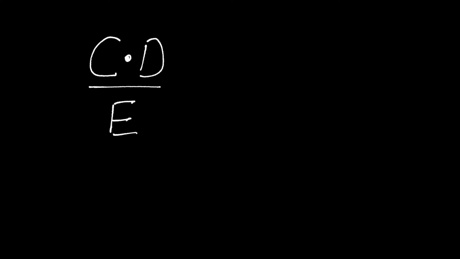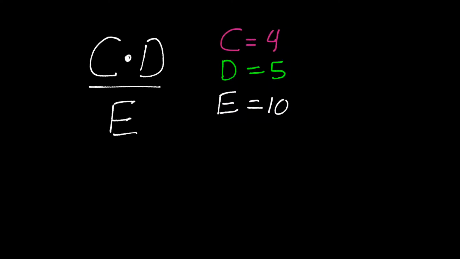Thankfully, I'm going to tell us c equals 4, d equals 5, and e equals 10. Now that I know my three values, just like before, all I have to do is rewrite this with the values substituted in for each piece.